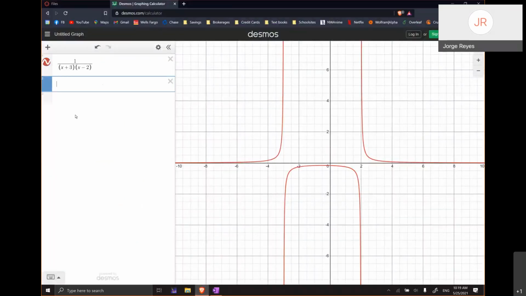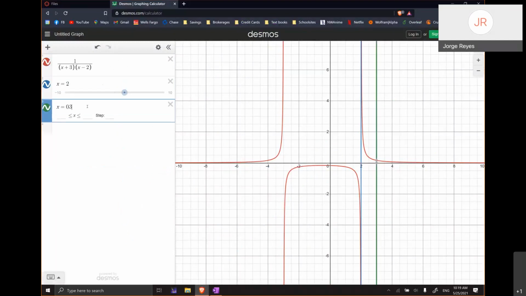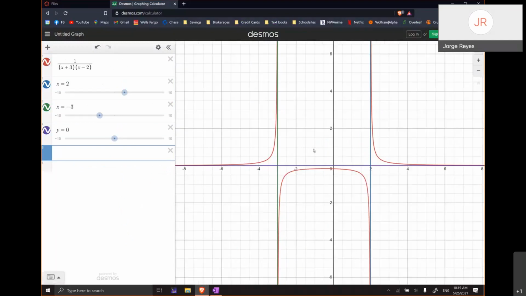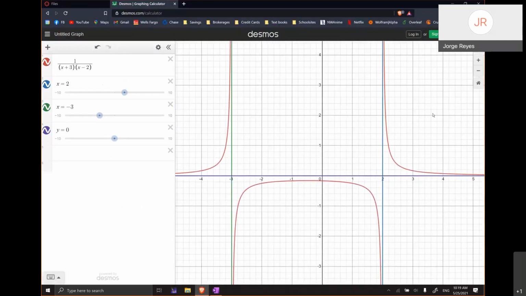Here are the 2 vertical asymptotes, x equals -3 and x equals 2, and y equals 0, the horizontal asymptote. And we see everything is going in its place, how it's supposed to be. Okay.